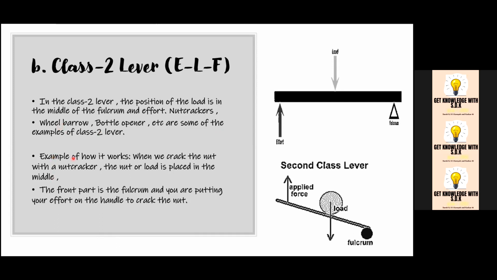Example of how it works: when we crack the nut with a nutcracker, the nut or the load is placed in the middle. The front part is the fulcrum, and you are putting your effort on the handle to crack the nut. These are the images of the class 2 lever, FLE: fulcrum, load, and effort.